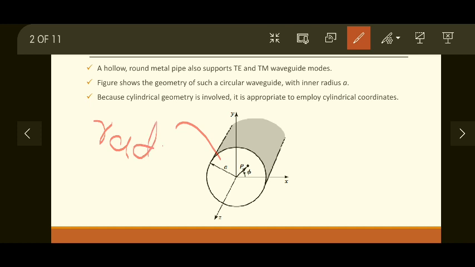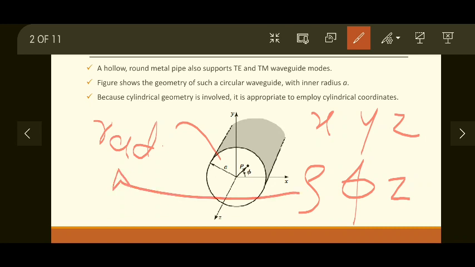Now since the geometry of this waveguide is circular or cylindrical, it is obvious that we should employ cylindrical coordinates rather than our usual rectangular coordinates. So x, y, z are now transformed to rho, phi and z, where rho is the radial distance, phi is the angular distance and z is the direction of wave propagation.